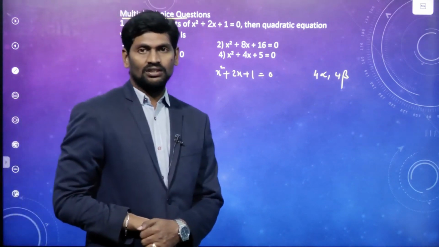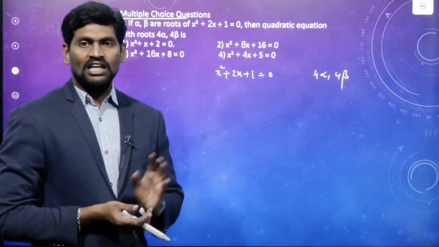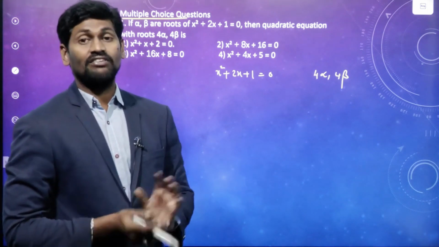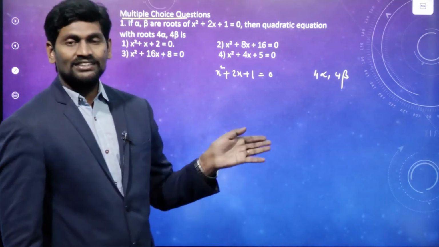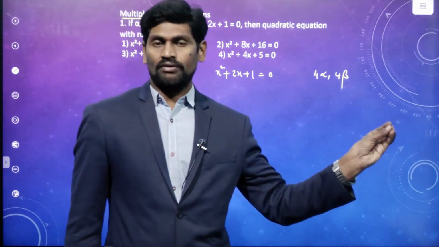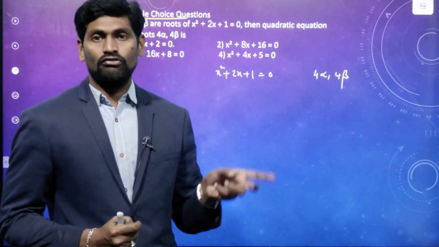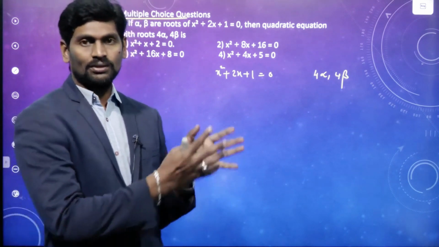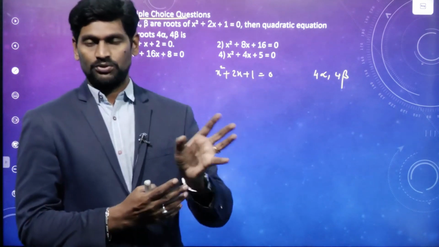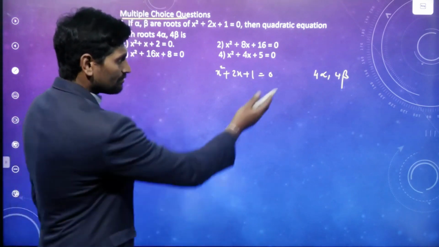How to do this? Alpha, beta, roots, f of x is a required quadratic equation. Next, alpha, beta are roots of f of x, minus alpha, minus beta are roots of f of minus x. That means when you have the positive symbols, we are taking negatives. Negatives means positives. Here 4 is multiplying, right?